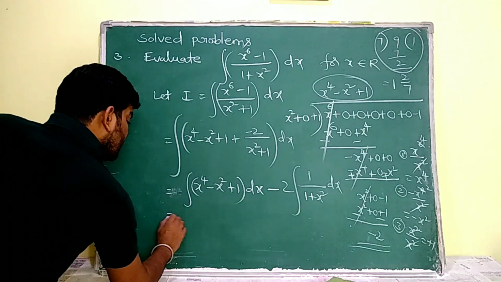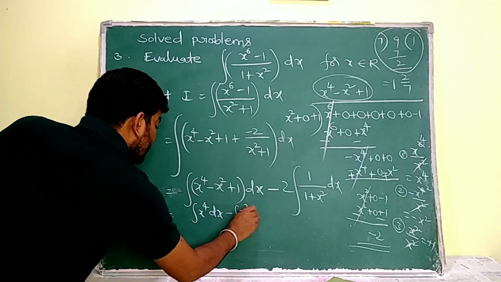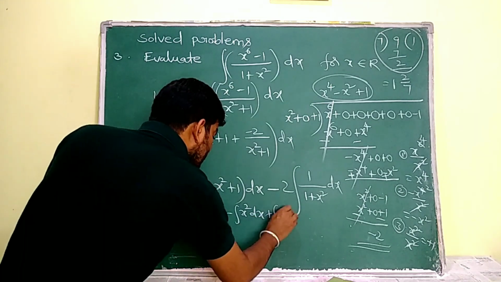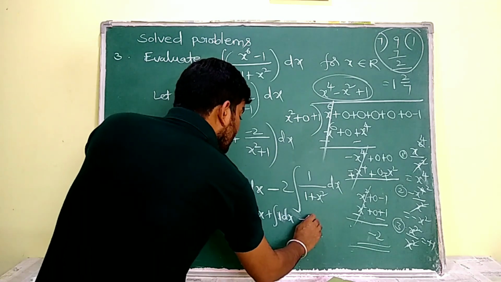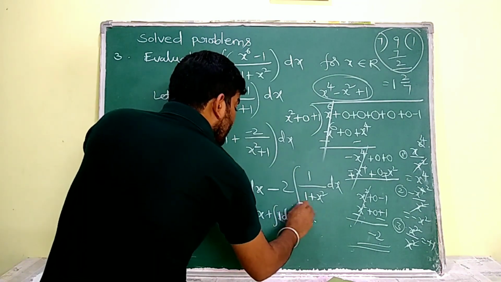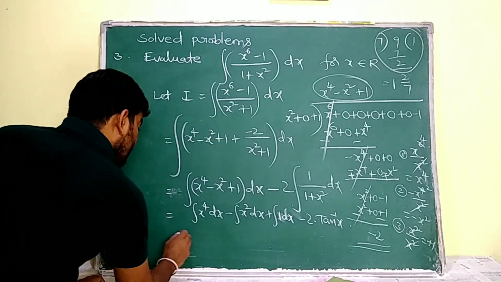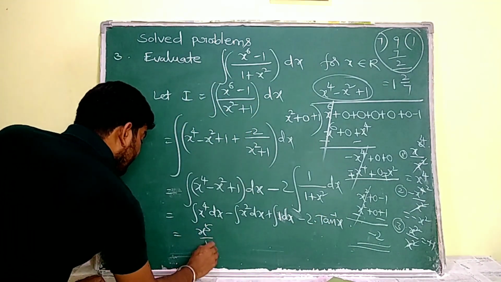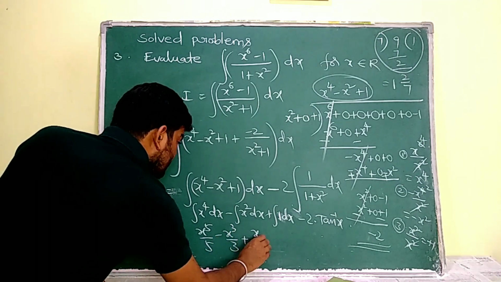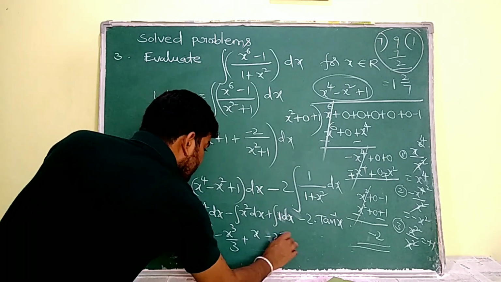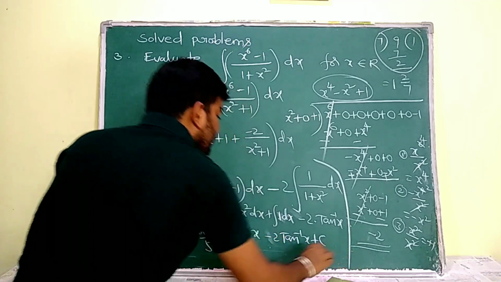So integral x power of 4 dx minus integral x square dx plus integral 1 dx, minus 2 into integral 1 by 1 plus x square, which is tan inverse x, the formula. Now x power of 5 by 5 minus x cube by 3 plus x minus 2 tan inverse x plus c. This is the simplification.